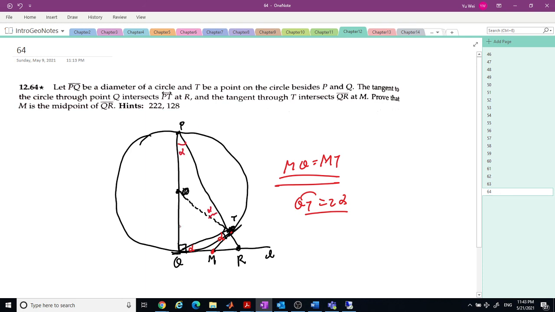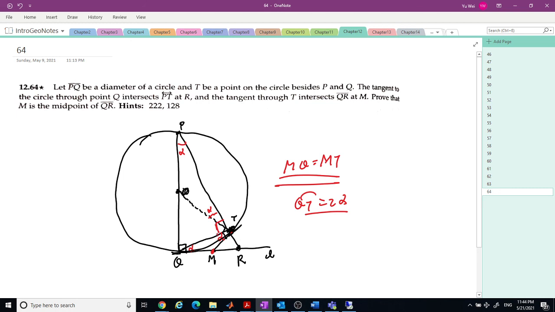So we have direct angle chasing from here. Then PQ is a diameter, right? So this angle is 90 degrees as well.